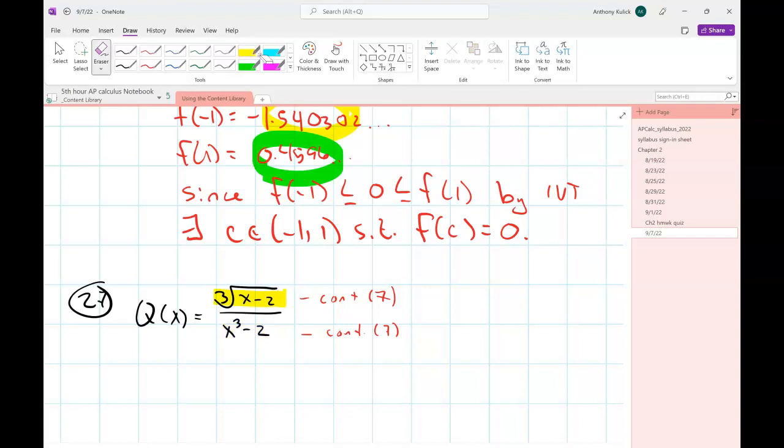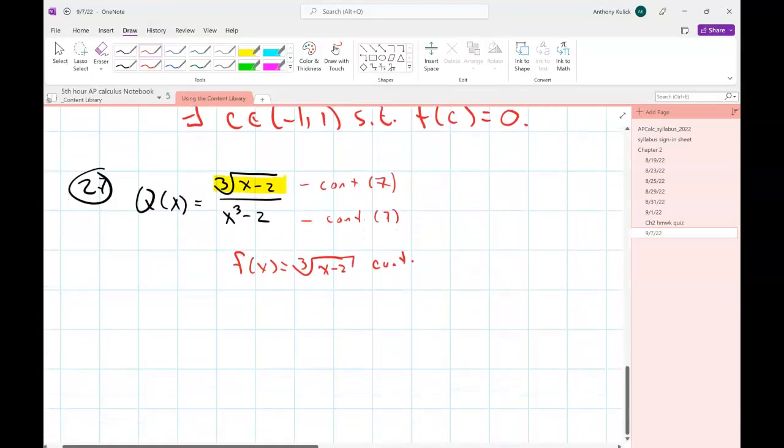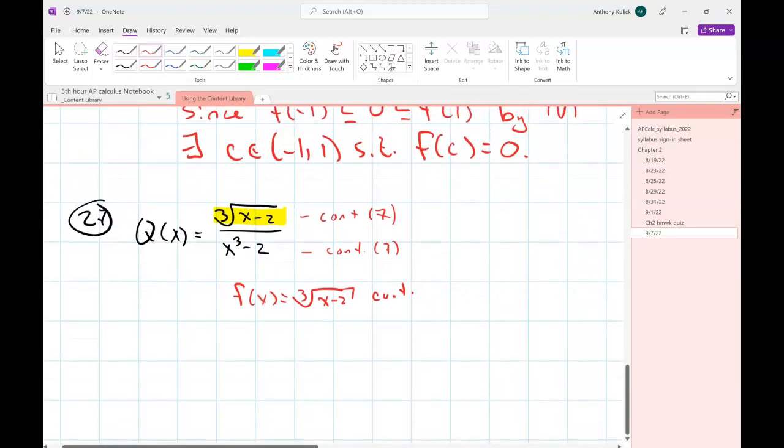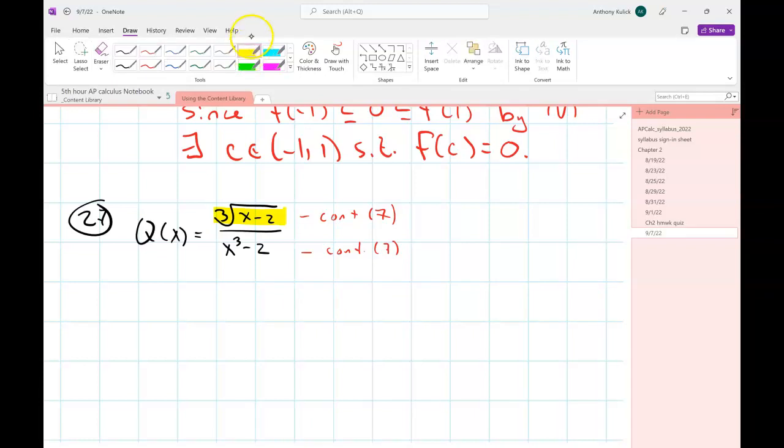Actually, let's say I have f of x, this is continuous, right? And then if I have... how do I want to do this? What I'm doing is fine. It's polynomial.